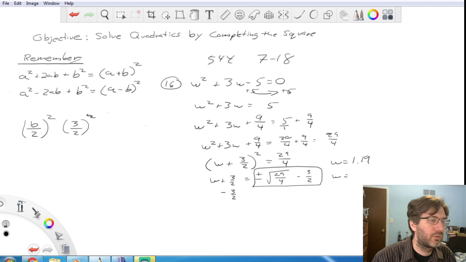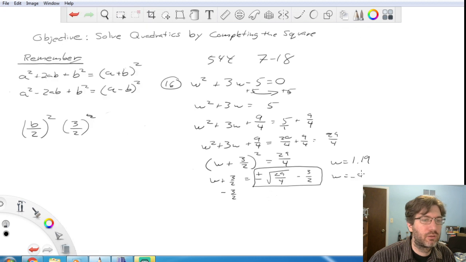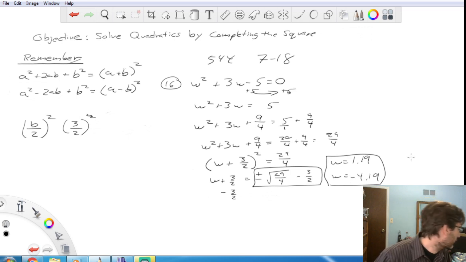W is also going to equal the negative version of that. So the square root of 29/4, we want the negative version of that, so it's multiplied by negative 1, and minus 3/2 gives you negative 4.19. So those are your ugly answers.